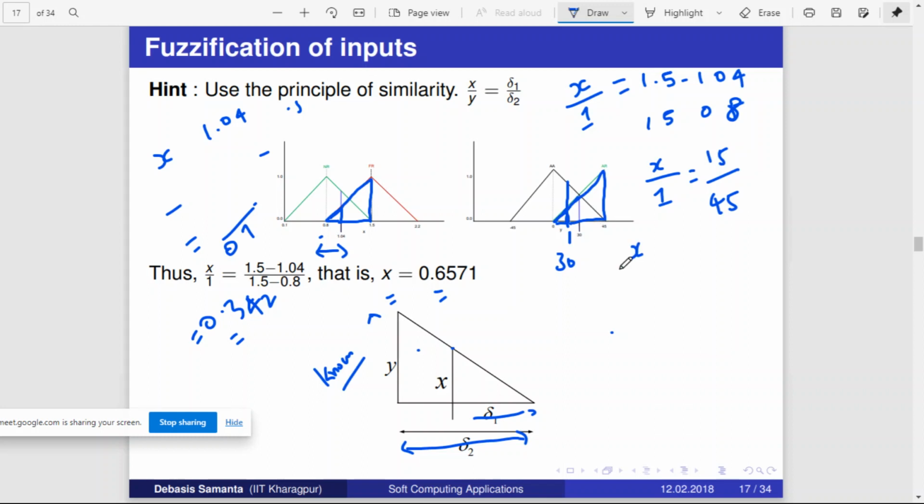Again x by y is equal to, so this is delta 1. This distance is 30, divided by this distance, 45 minus 30. This is x by 1. 45, no, something is wrong.